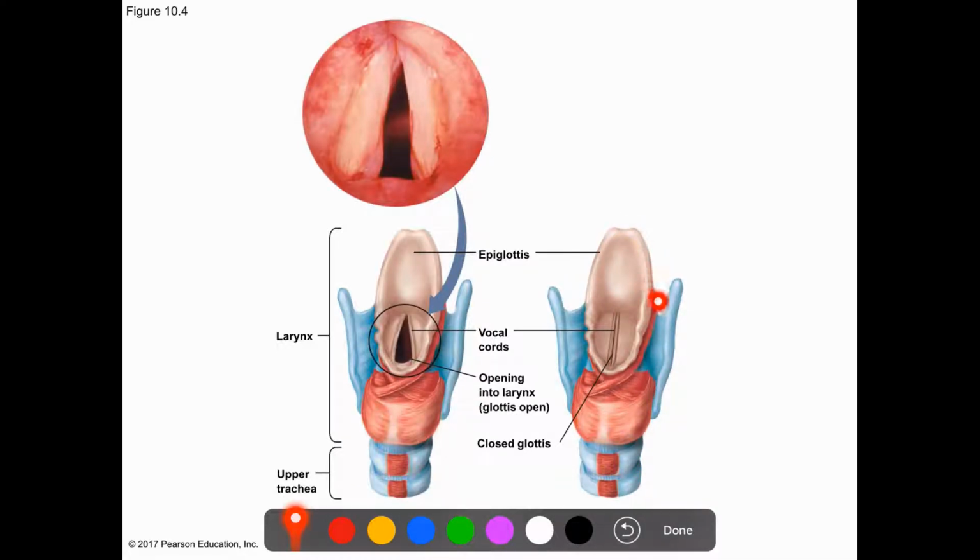And by this, it will direct the food toward the esophagus. Also, within the larynx, we have the vocal cords, which assist in sound production, and they will maintain the opening of the airway. All of these are part of the larynx.